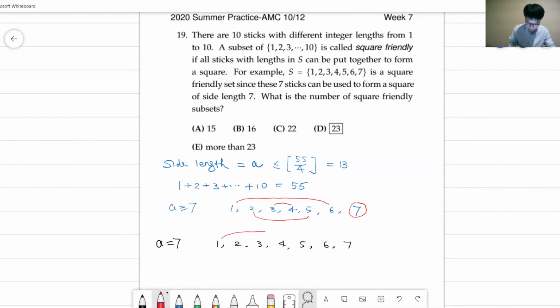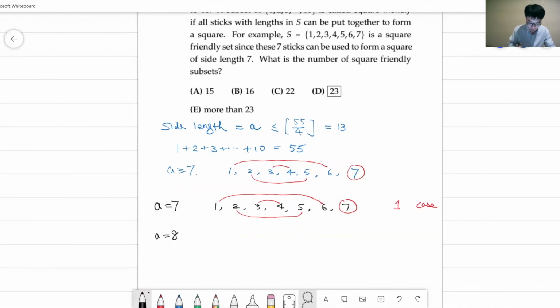So 1 plus 6, 2 plus 5, 3 plus 4, and 7. So we only have one set, one case, if the side length is 7. Next, if the side length is 8.